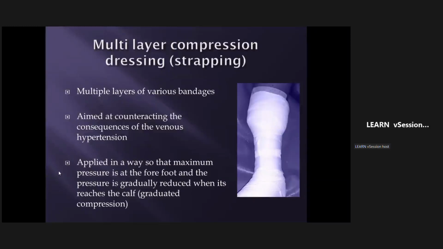What we usually use is a dressing over the wound, a cotton wool layer, and a crepe bandage layer. So in our strapping clinic we only use 2 layers.